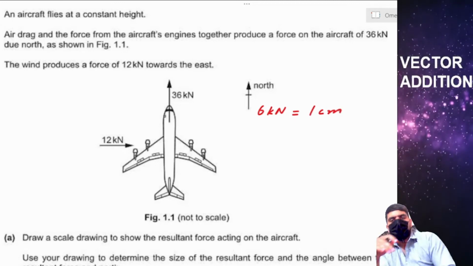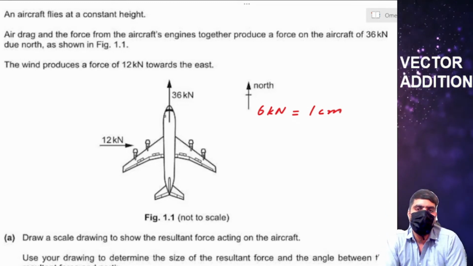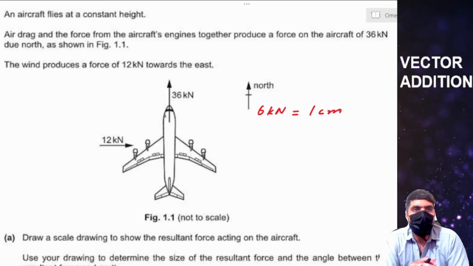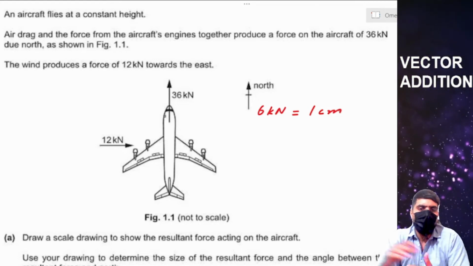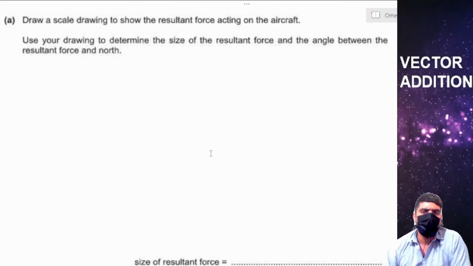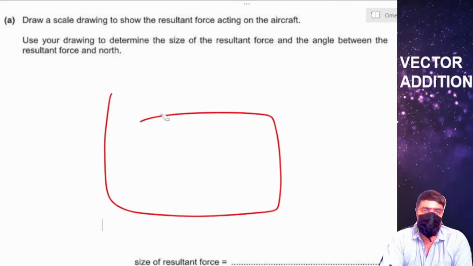I'm choosing a scale that would fit on the sheet of paper, not on my drawings here. That would be suitable for the sheet of paper, and for that much of the space.